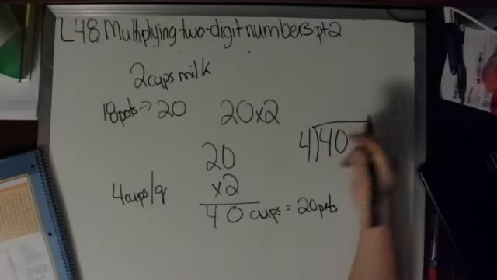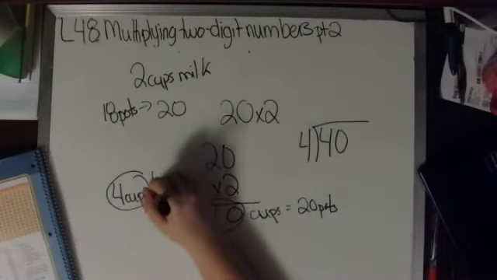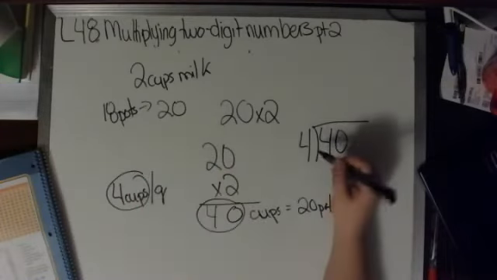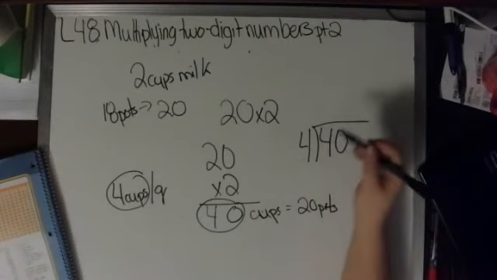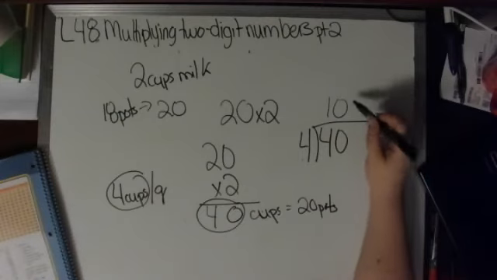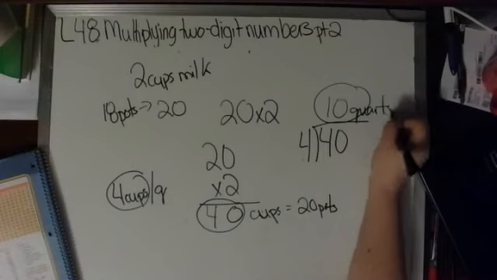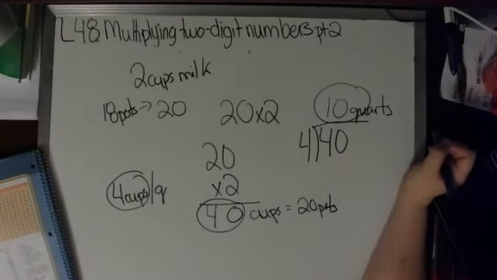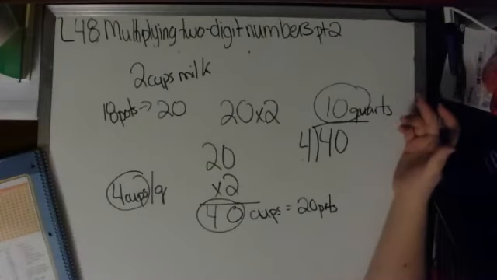Because that's what it's saying: I have 40 cups, 4 cups per 1 quart. So 40 into groups of 4. How many groups of 4 do we have? That is 10. So there is approximately 10 quarts of milk in 18 pots of soup.